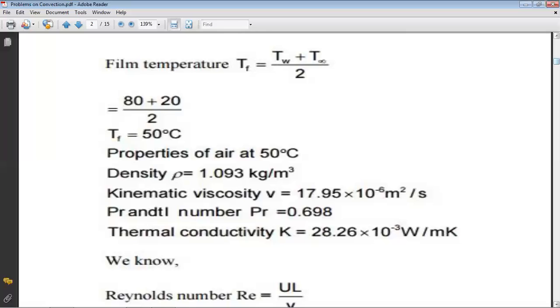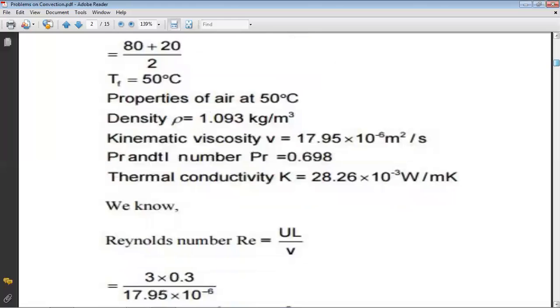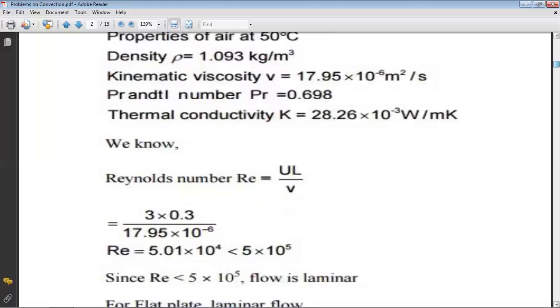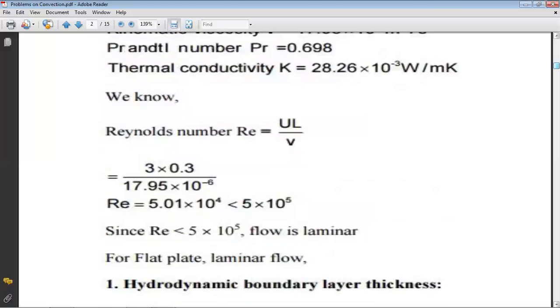That is judged by a non-dimensional number called Reynolds number, which is given by VL upon nu, or rho VL upon mu. So in this case, this is kinematic viscosity.